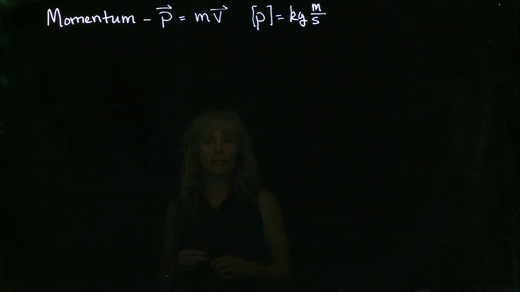So momentum gets at why you would rather be struck by a bee traveling at 2 meters per second than a Mack truck traveling at 2 meters per second. It's a measure of mass or inertia in motion.